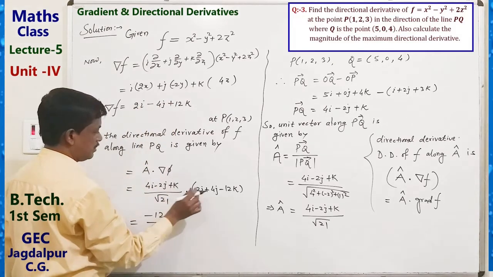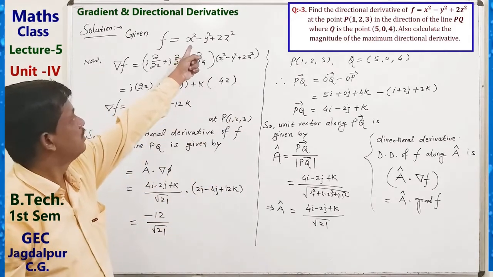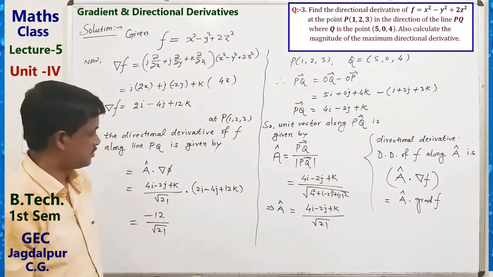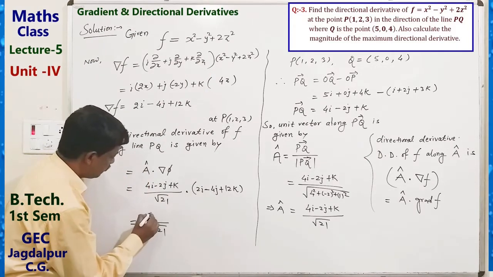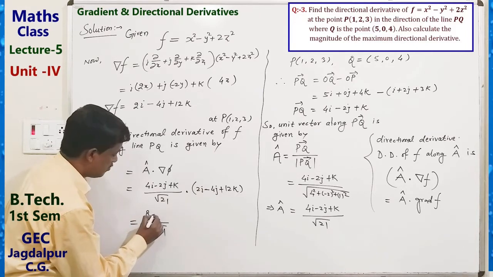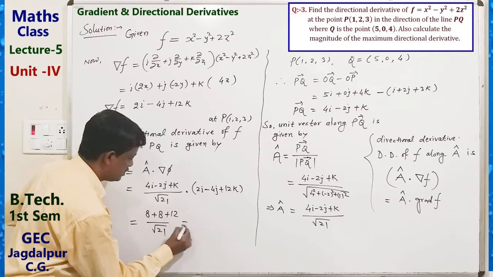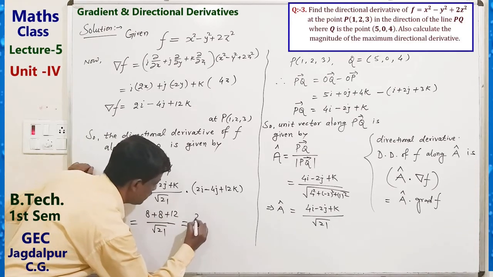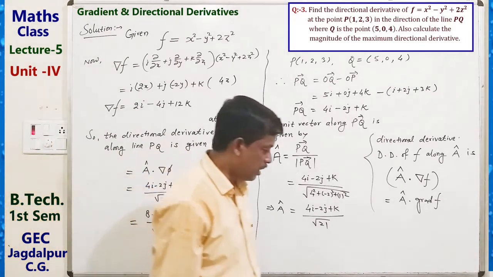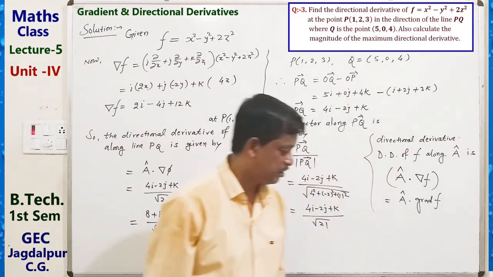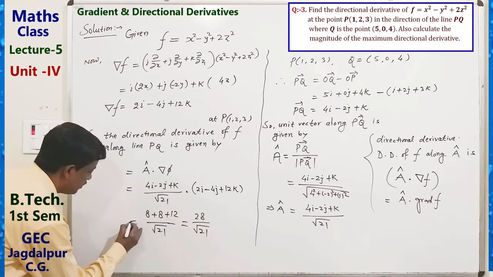There is a mistake in some writing: it should be minus here, plus here. So now we can see that it is 8 plus 8 plus 12, which is equal to 28 upon root 21. So this is the directional derivative.